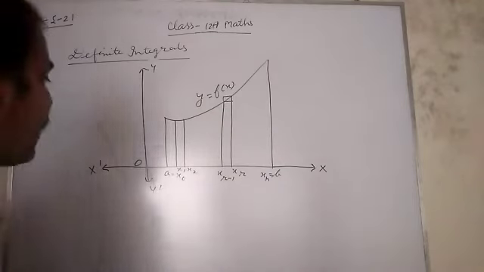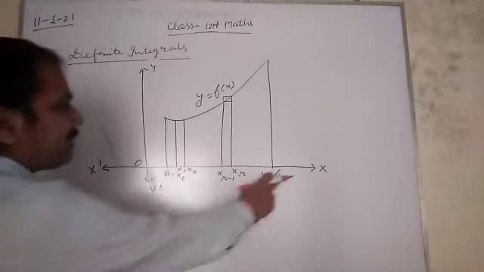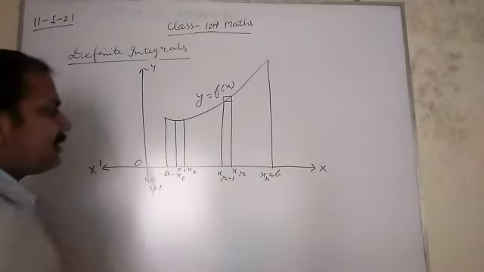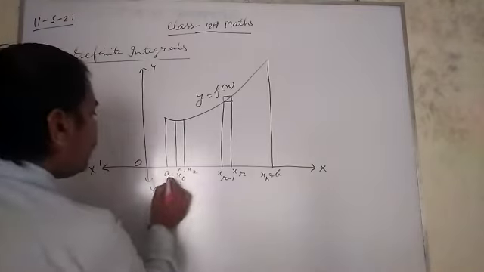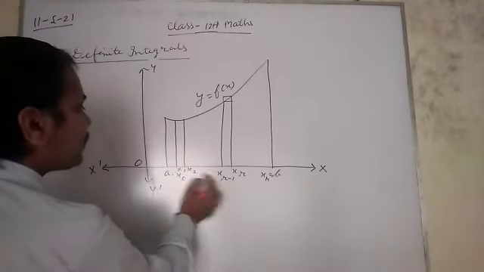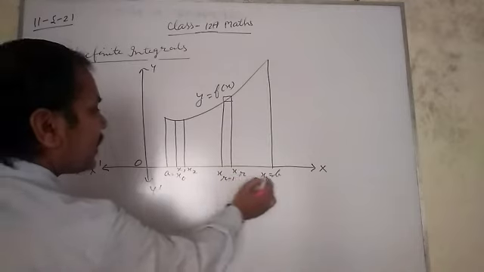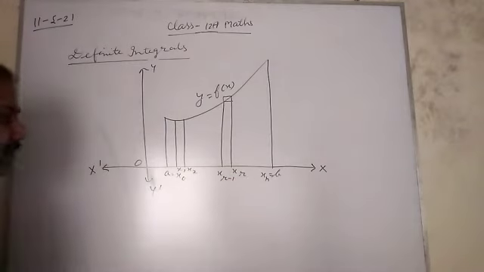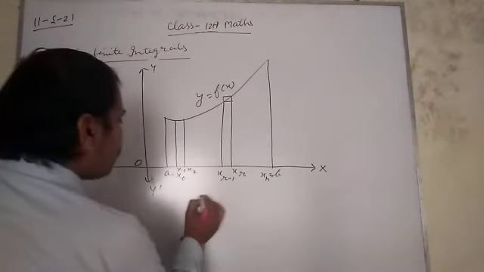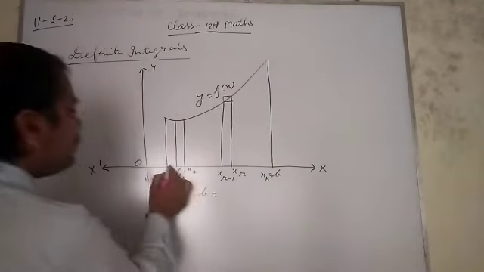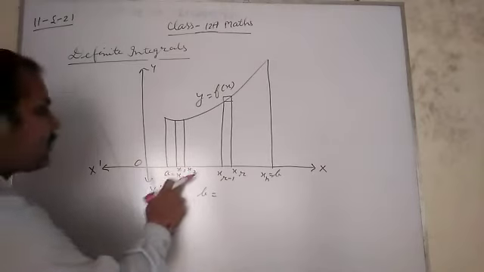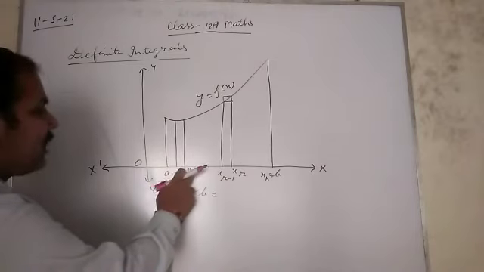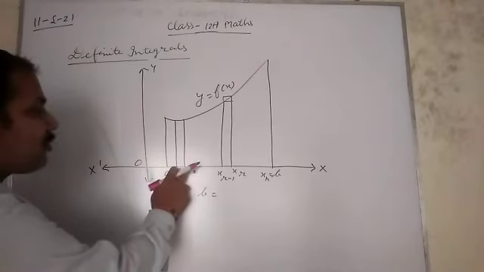You see here, this is a and this is b, and it is divided into n equal parts: x0, x1, x2, xr minus 1, xr, and the last part xn. Each part has width h. So x1 will be x0 plus h, x2 will be x0 plus 2h.